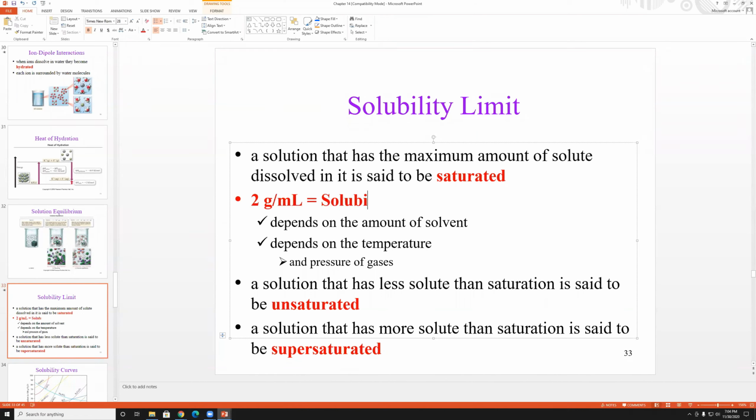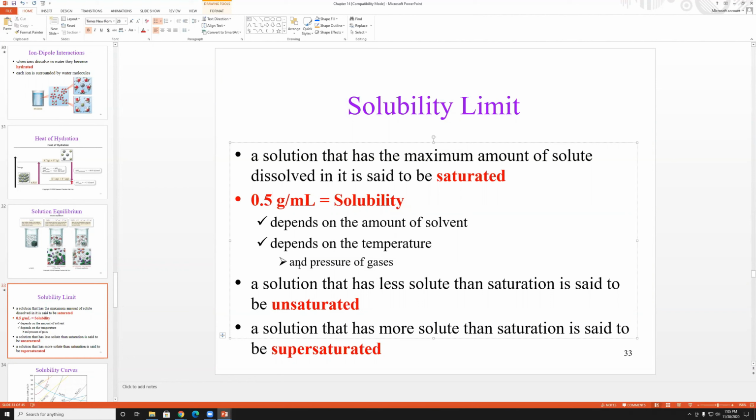Let's say 0.5 grams per milliliter equals solubility. If you have exactly 0.5, the solution is said to be saturated. A solution that has the maximum amount of solute dissolved is saturated.